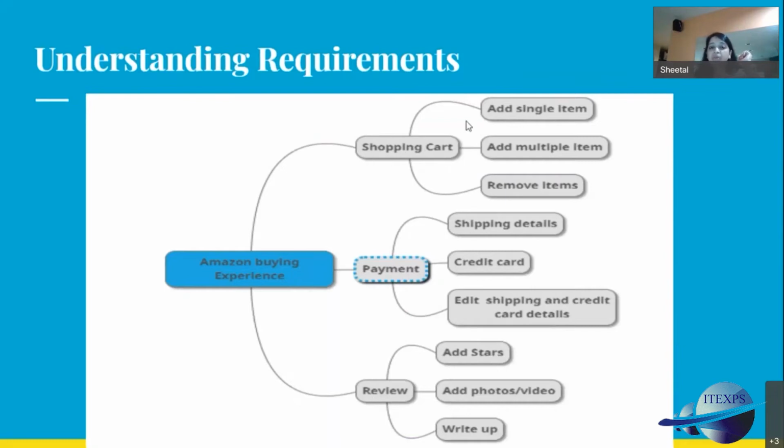In the shopping cart, the main focus items for this project were add single items, add multiple items, and remove or delete items. For payment, we had a precondition that it was a registered user, so they already have shipping details and credit card details stored. If they want to change their shipping or credit card details, they still have an option to edit those details.